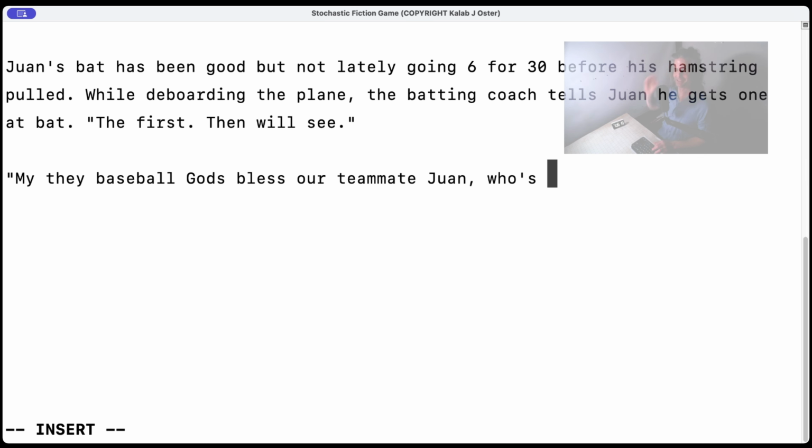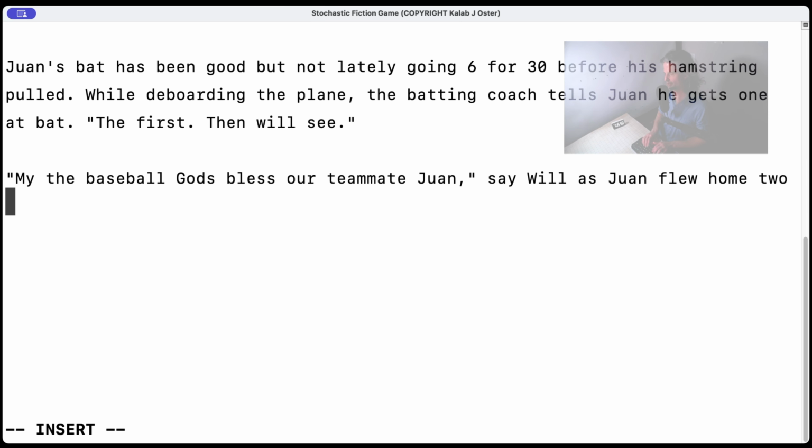You're not coming home with the team. Your hammy's bad. May the baseball gods bless our teammate Juan, says Will. As Juan flew home 2 days ago to get surgery. Do you need getting surgery for a hamstring? I don't know.